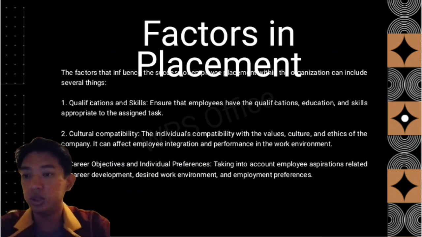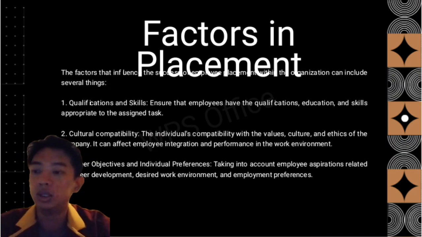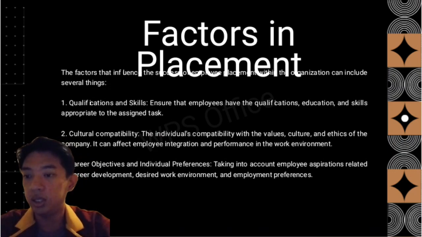The individual's compatibility with the values, culture, and ethics of the company. It can affect employee integration and performance in the work environment. Number three, career objectives and individual preferences. Taking into account employee aspirations related to career development, desired work environment, and employment preferences.